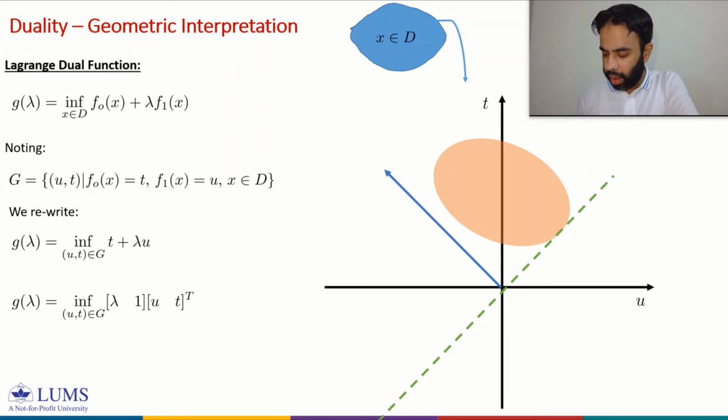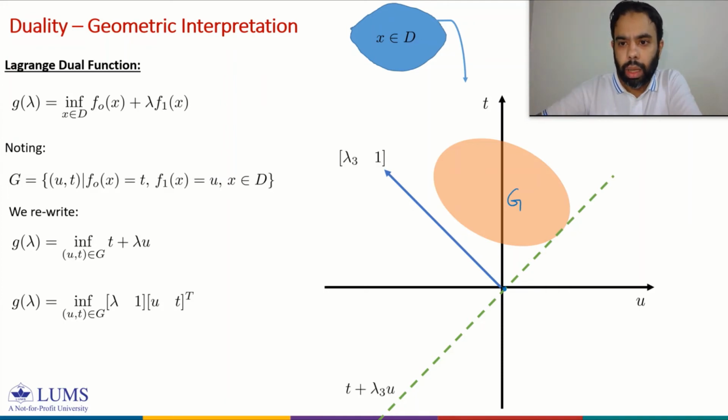And we note that when lambda is negative, this green hyperplane is a supporting hyperplane to this set G, and the value of the Lagrange dual function is given by this point here, and that is g(lambda 3).